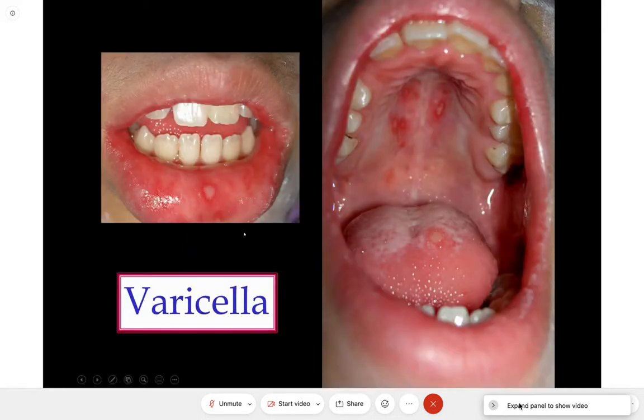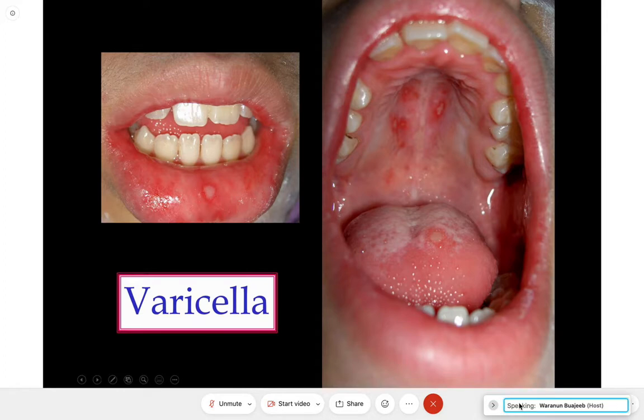This is also an example of lesions occurring in varicella, very similar to primary herpes simplex virus infection. You can see the small round ulcers on the palate, on the tongue, labial mucosa, with inflamed red margins.